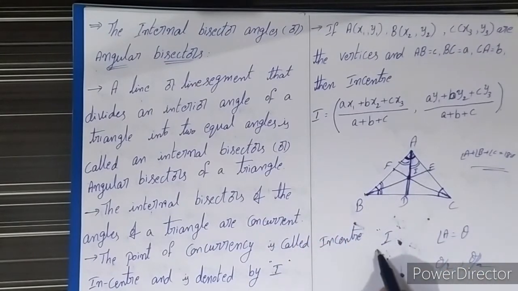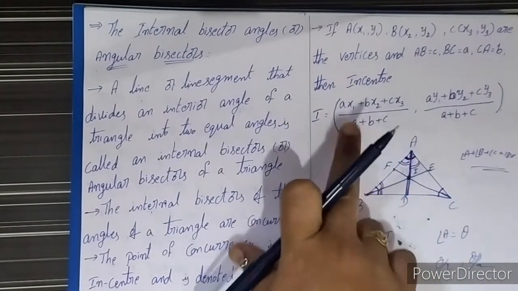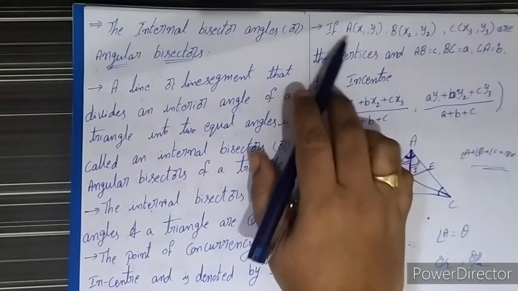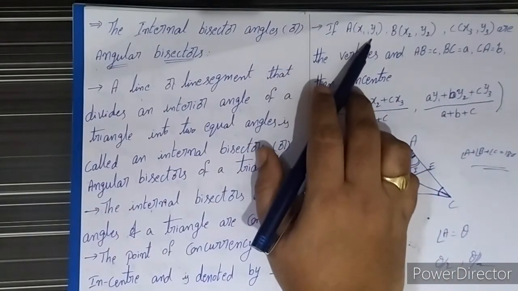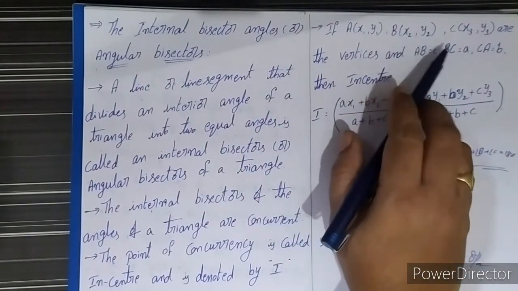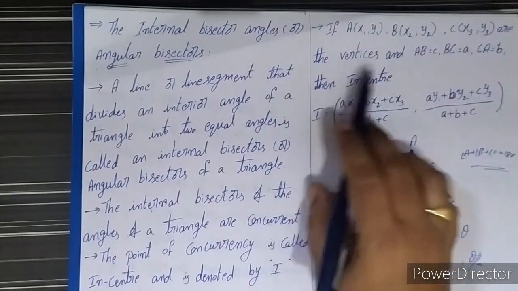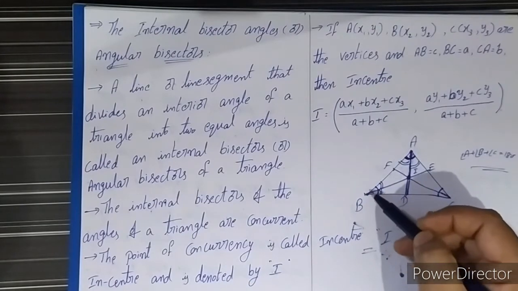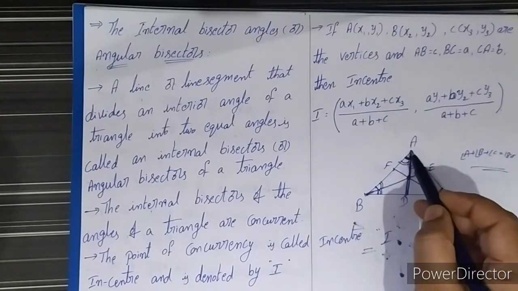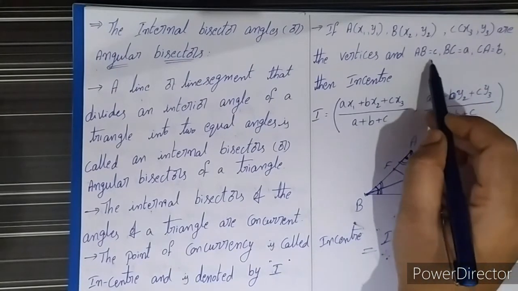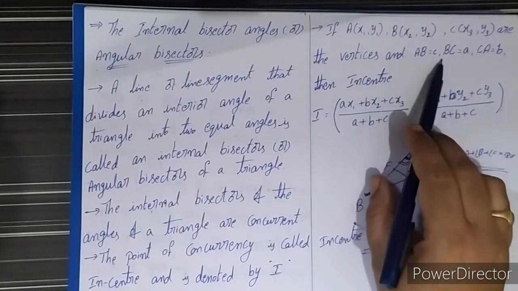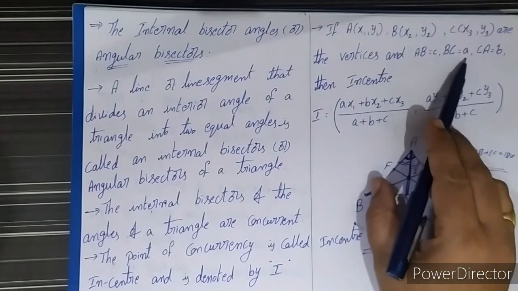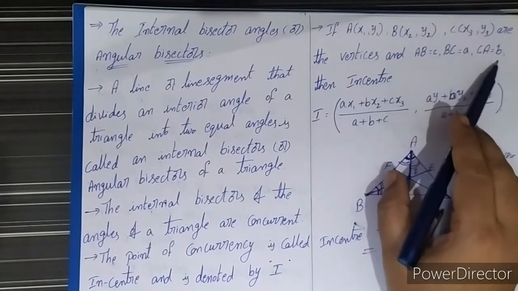By finding the incenter, we have a formula. That formula is, if A of x1, y1, B of x2, y2, C of x3, y3 are the vertices of a triangle ABC, let the distance of side AB be small c. The distance of side BC is small a. The distance of side CA is equal to small b.